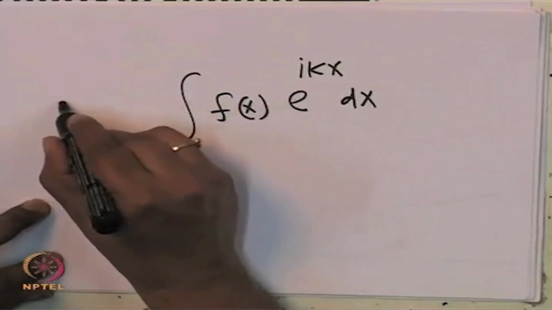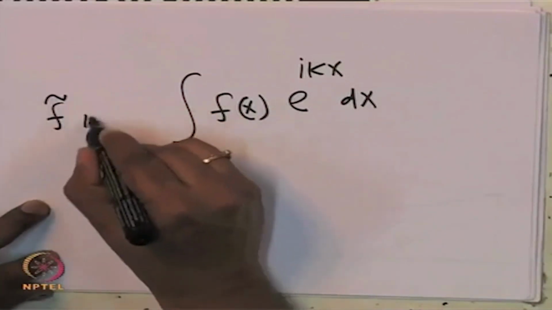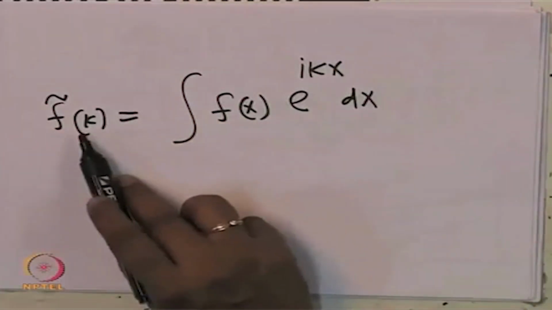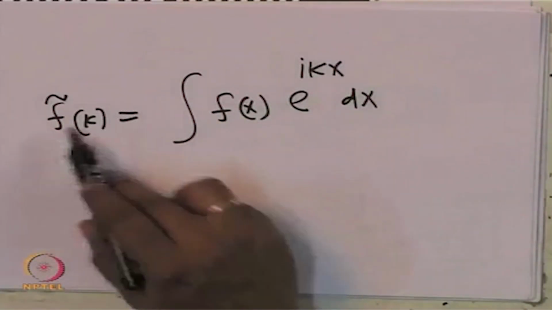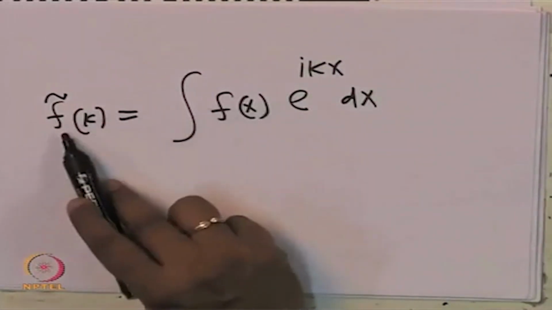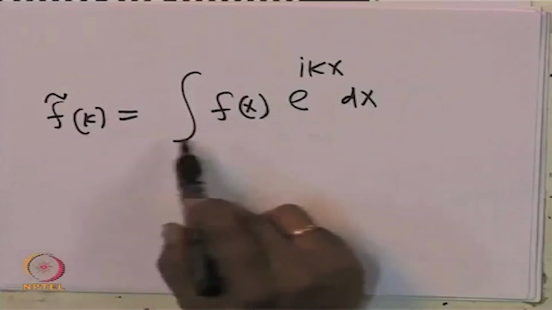Let me call this f tilde of k. Sometimes I call it g of k. What does it only mean? Some function of k. Tilde only represents some different function. F is different from f tilde, so you might get some different function of k.